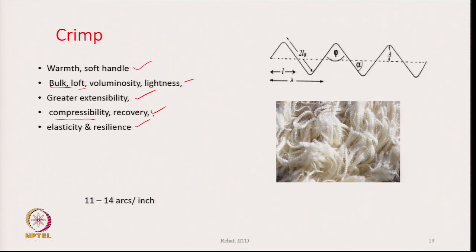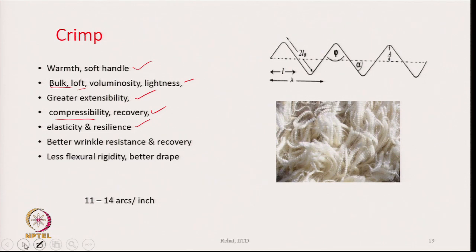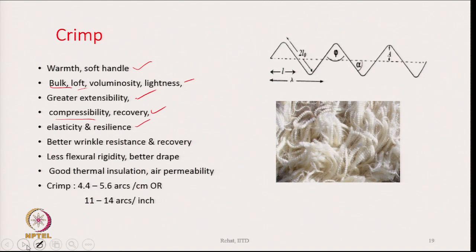Elasticity and resilience are also going to be better if the fibers have crimp, and better wrinkle resistance, less flexural rigidity, better drape, good thermal insulation, everything can come from crimp. So, we have to remember that crimp has an important role to play in enhancing certain properties in the final product also.